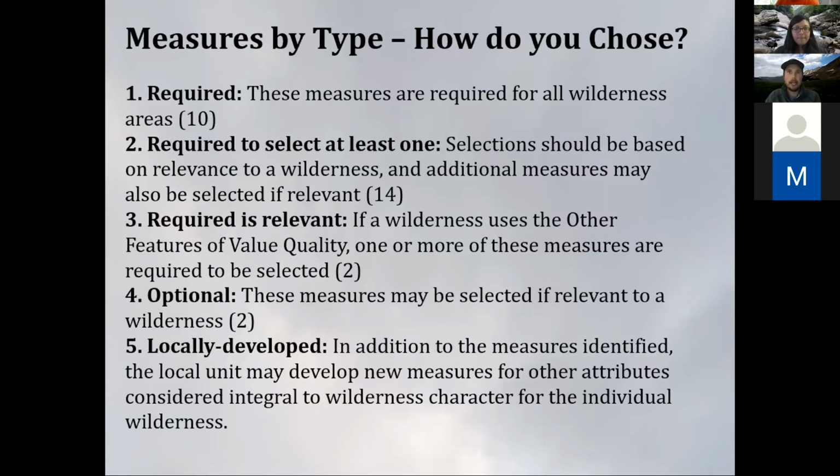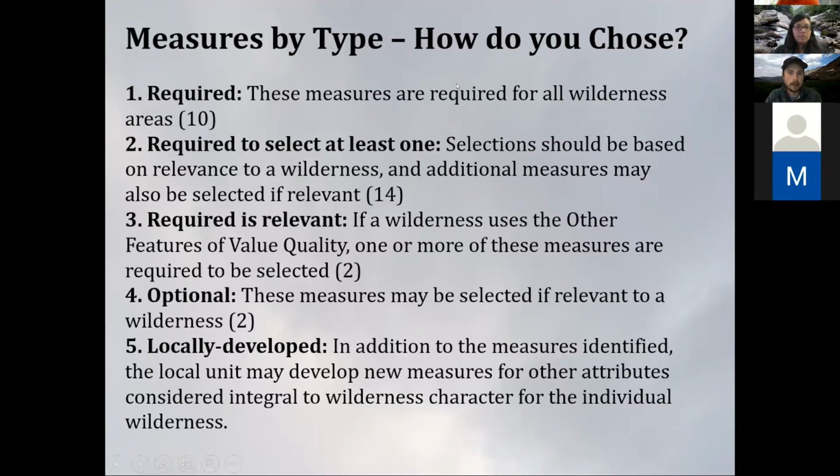Some of them allow you to choose which protocol to use to track them, but some of them do not. There are at least 2 required measures for each wilderness quality, except for the other features of value quality. And then for required measures, you cannot modify them. And some of them have protocol options, which we'll talk about in the next slide.